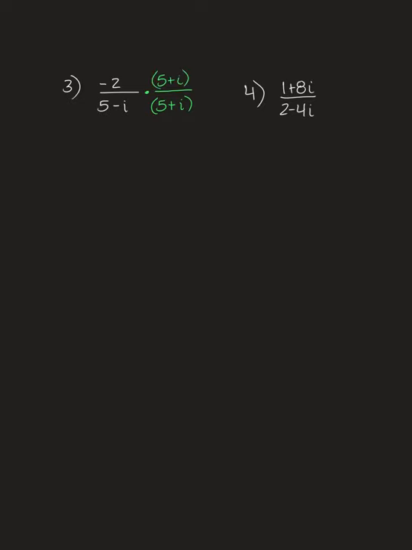Okay, so whenever we multiply this, I'm going to distribute the 2 into both of those, so I get negative 10 minus 2i over. Now, whenever you are multiplying conjugates, a shortcut, since the middle part will always cancel out, just multiply the first and the last.